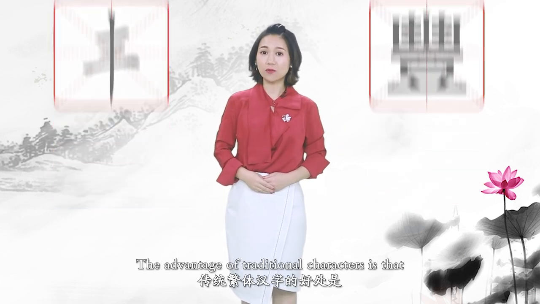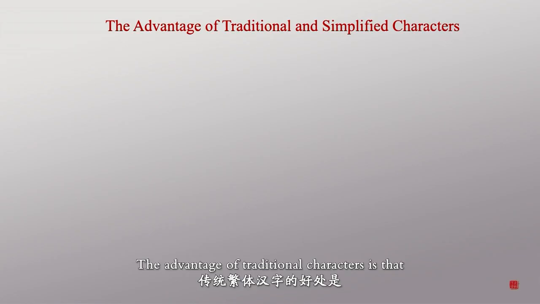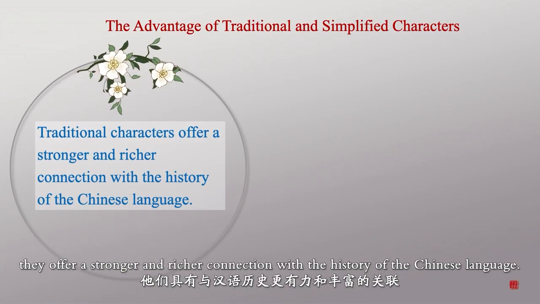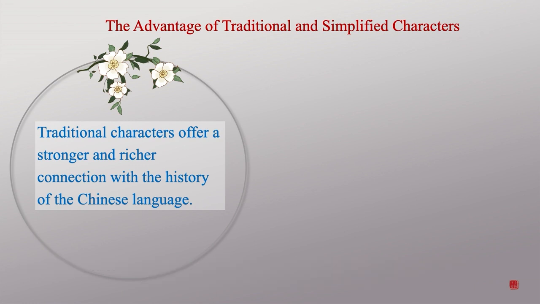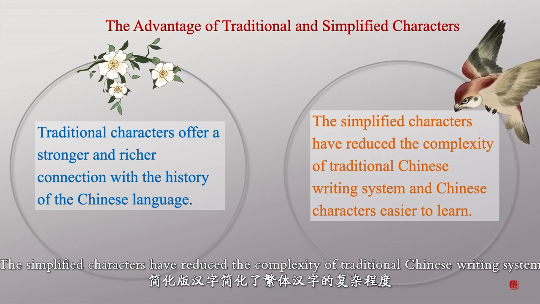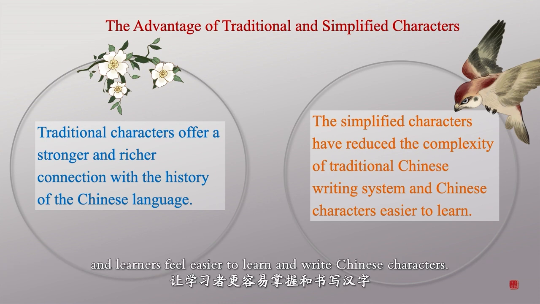The advantage of traditional characters is that they offer a stronger and richer connection with the history of the Chinese language. The simplified characters have reduced the complexity of the traditional Chinese writing system, and learners find it easier to learn and write Chinese characters.